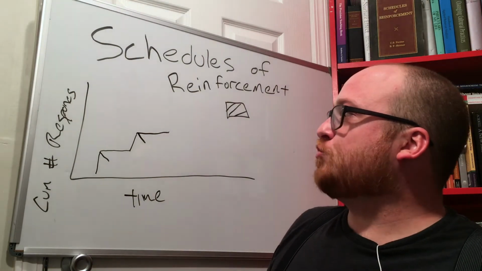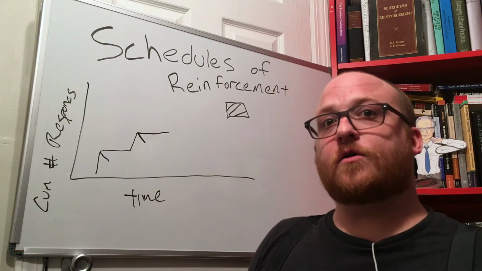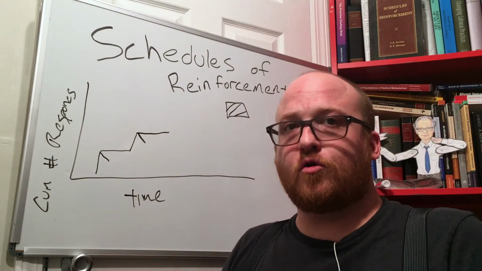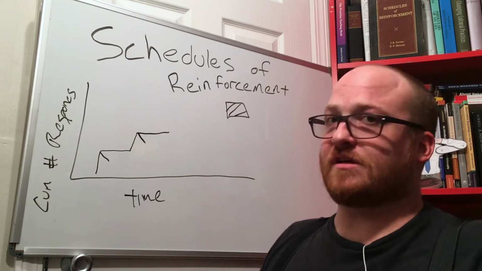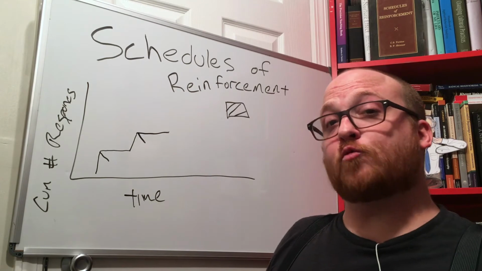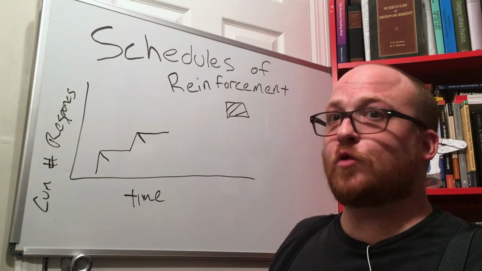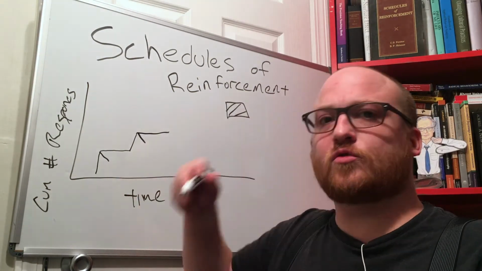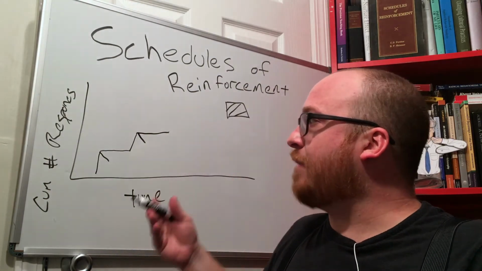On an FR schedule, you're going to see what we call a post-reinforcement pause. All that means is that after reinforcement is given, there are no behaviors, or at least no targeted behaviors, for some period of time. After that post-reinforcement pause is over, you will get rapid responding again under your FR schedule until reinforcement is delivered, and then there will be another post-reinforcement pause.